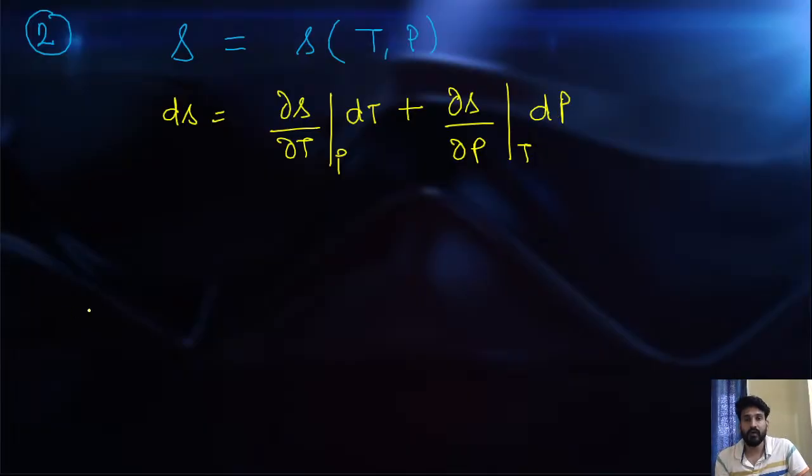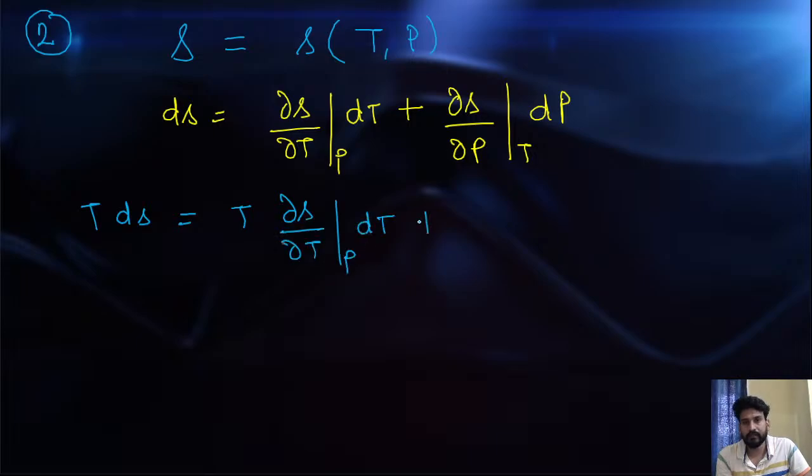Because we want the TdS equation, we just multiply with T. So TdS is equal to T del S over del T, keeping pressure constant, into dT, plus T del S over del P, keeping temperature constant, into dP.